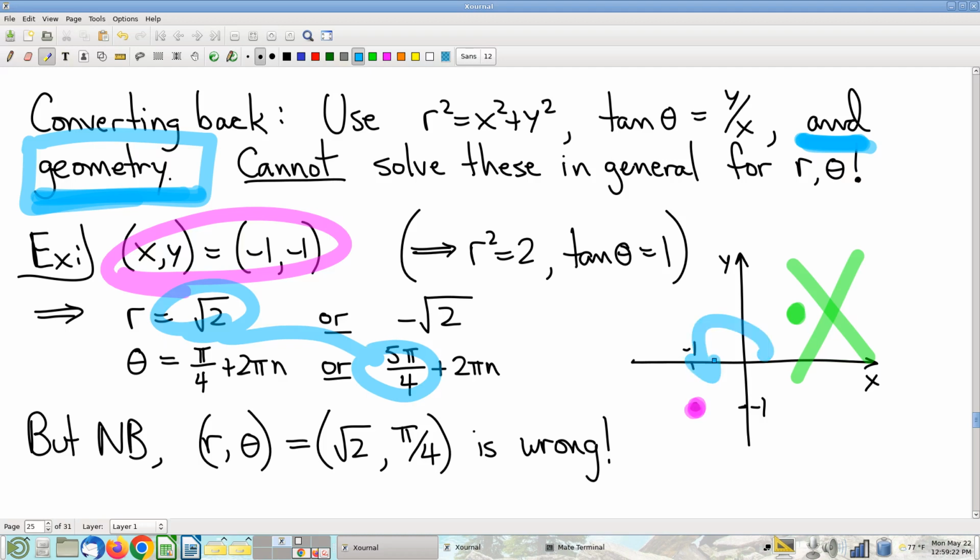That gives me a theta and an r that get me to the correct point. Sorry, this was the one that was wrong. That's wrong, but this combination here is right. Everybody on board? Okay.